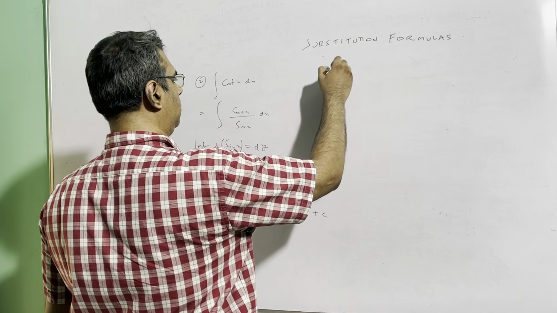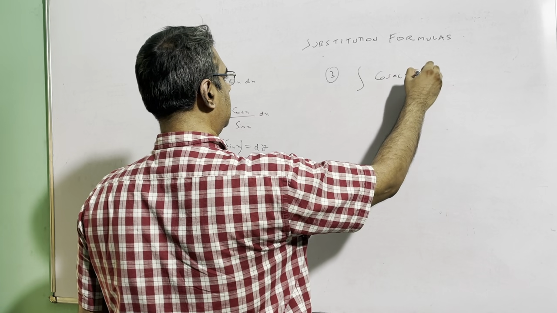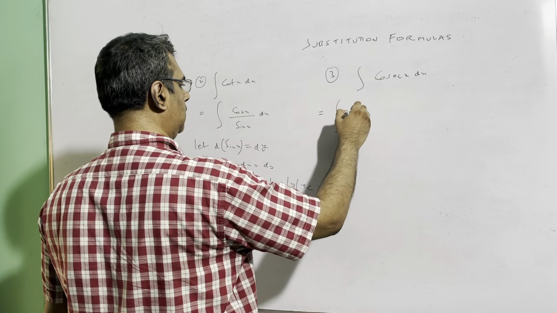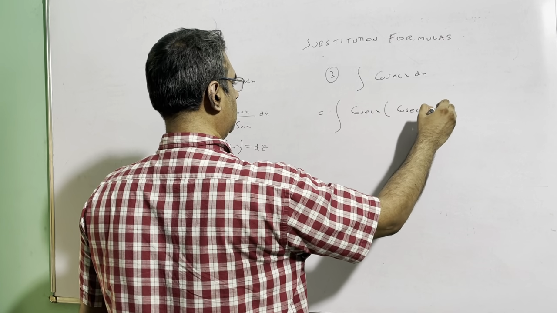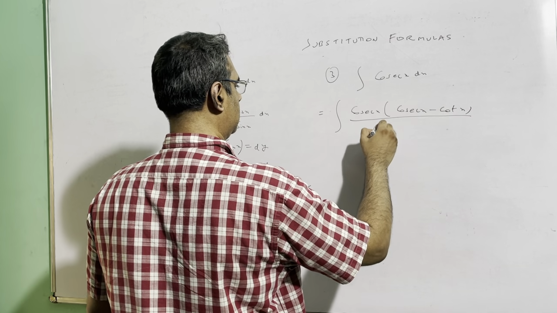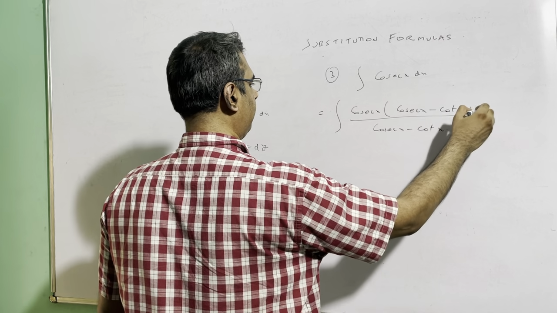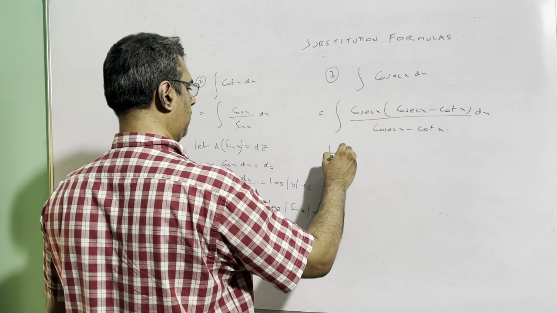Then we move on to number 3. Integration cosec x. Now how do we do this? So you write cosec x into cosec x minus cot x divided by cosec x minus cot x.